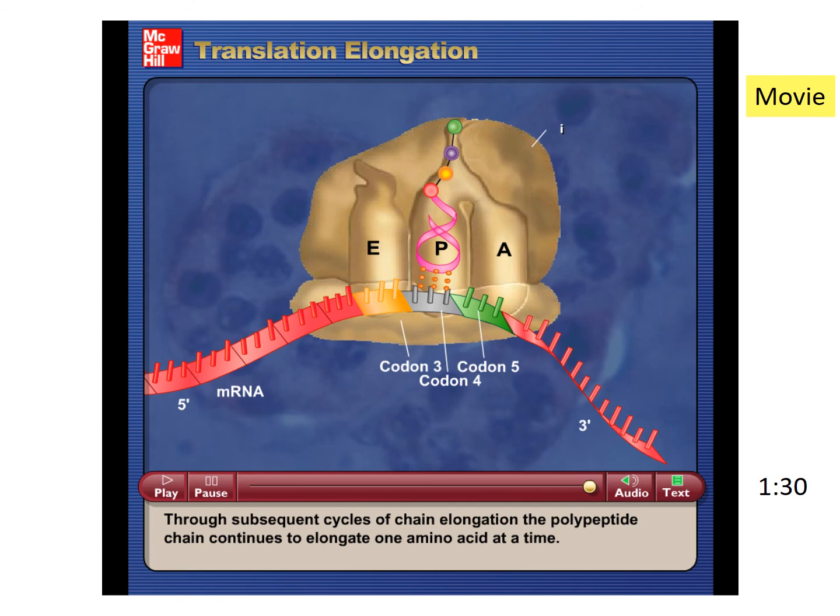The next codon in the mRNA chain is positioned in the A site. The uncharged or empty tRNA in the E site then leaves the ribosome and a cycle of chain elongation is completed. Through subsequent cycles of chain elongation, the polypeptide chain continues to elongate one amino acid at a time.